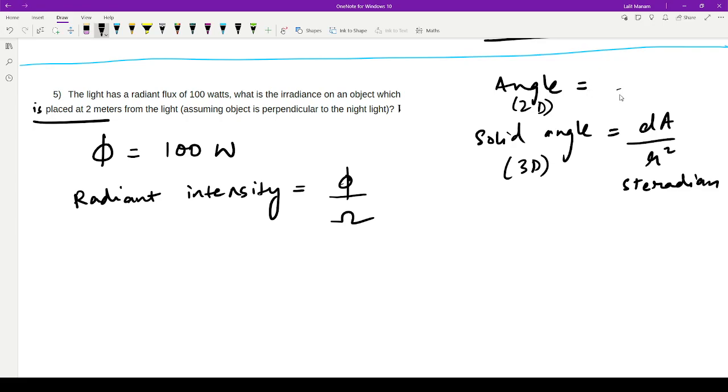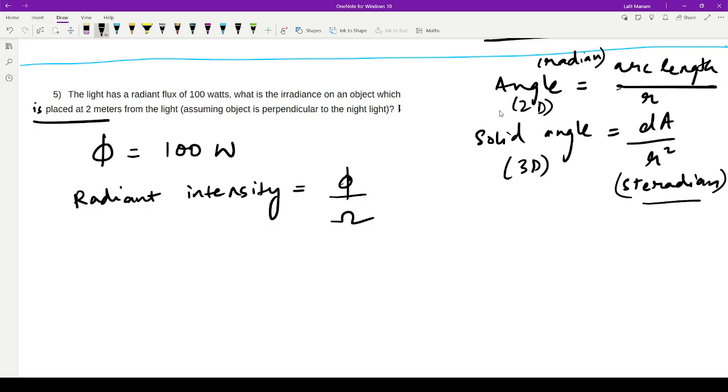It's the arc length, upon the radius r. So this quantity is defined in radians, and this is defined in steradian. So it's just the three-dimensional equivalent of the usual angles that we have been seeing since childhood.